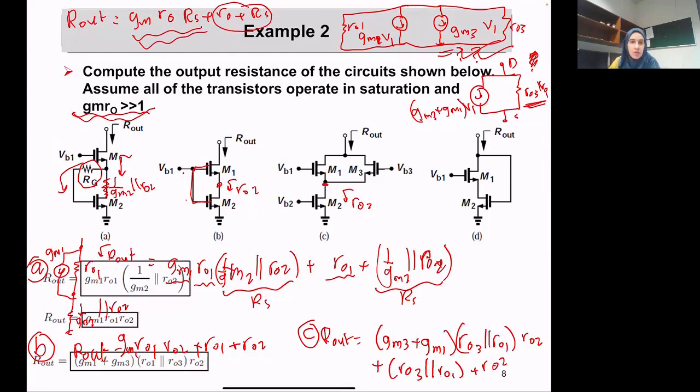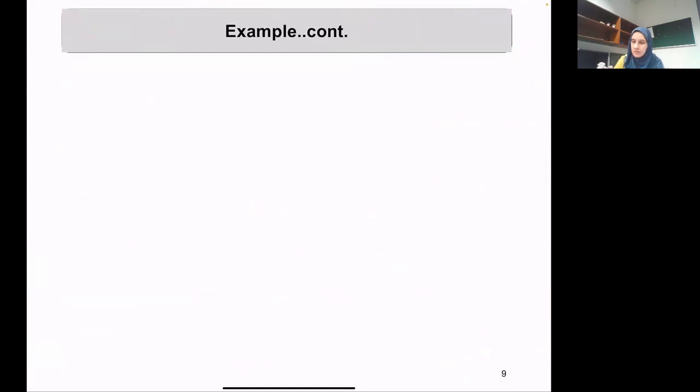Now, what about the last example? Let me draw our first transistor and connect it to the second one. Here, grounded, and this is VB1, and the output of this one, the drain, is connected to the gate of the second one.